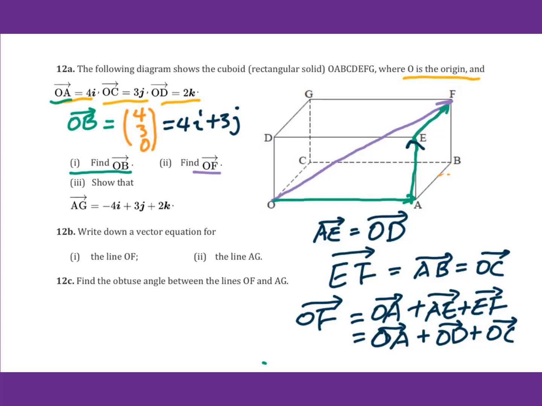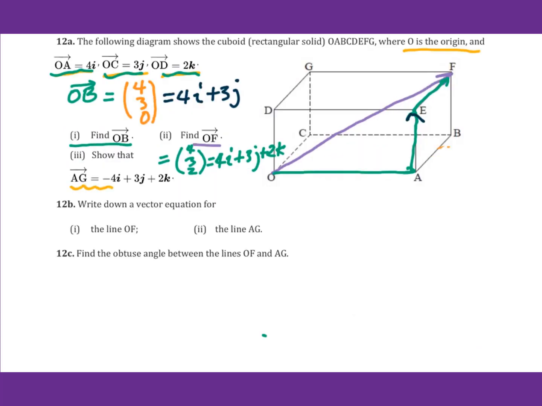Therefore, I just need to add all this together. You will get 4, 3, 2. Or you can write down 4i plus 3j plus 2k.